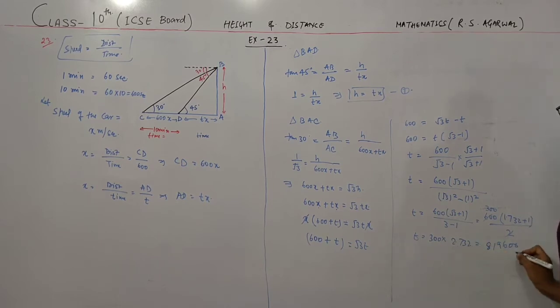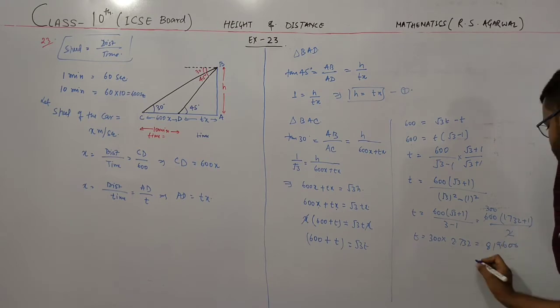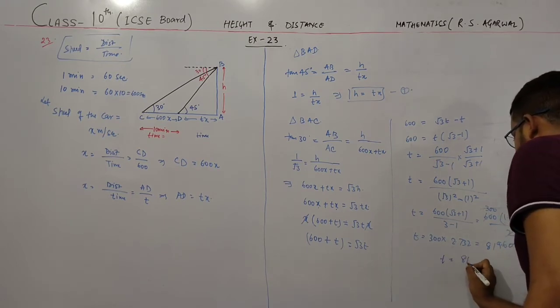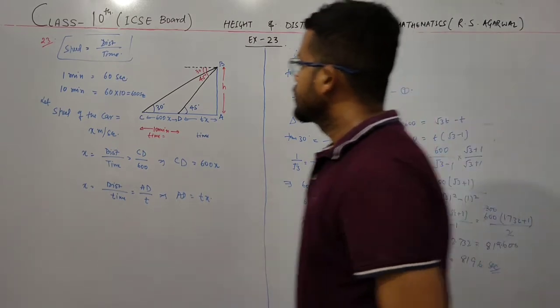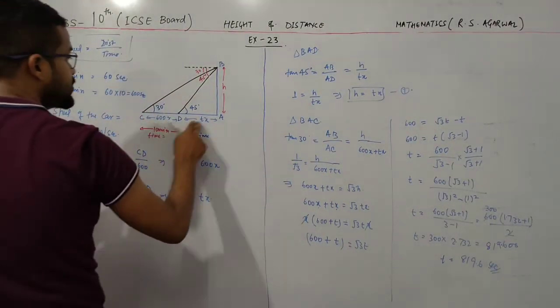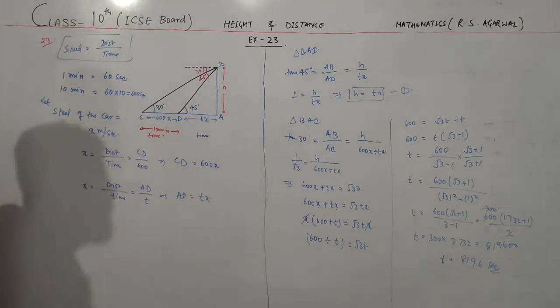Decimal is after 3 digits, so I put here decimal. So t is equals to 819.6 seconds. This is the time taken by the car to reach point A.